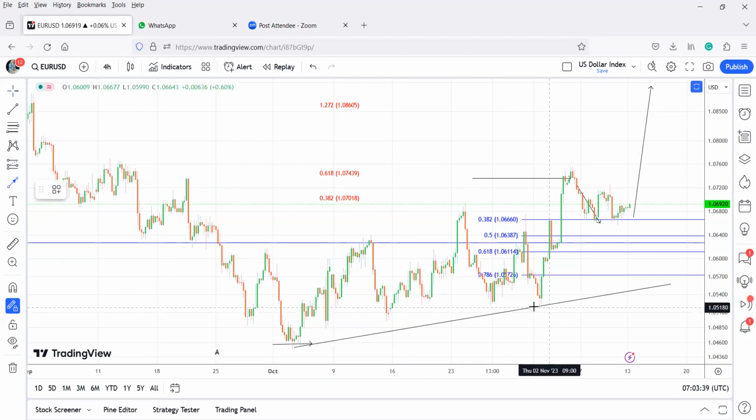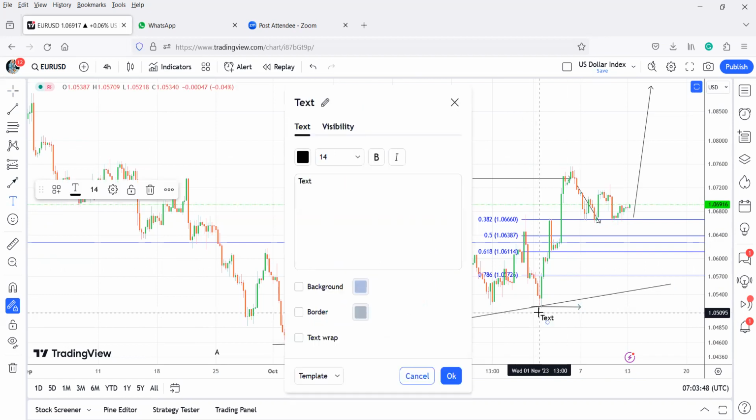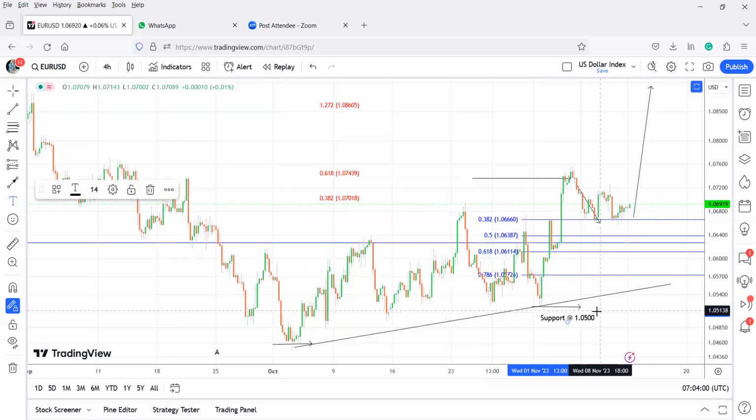Before we do that, please keep in mind that a strong support is seen around 1.0500. So till the time prices are above 1.0500, we are heading north towards 1.0860 and 1.0930.